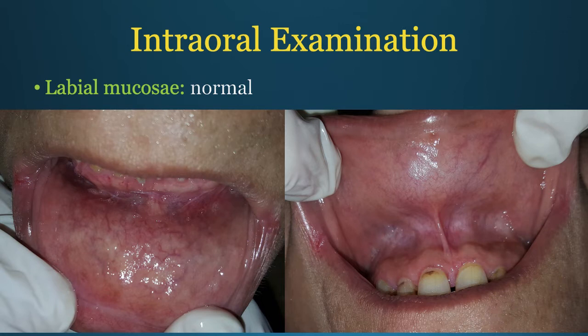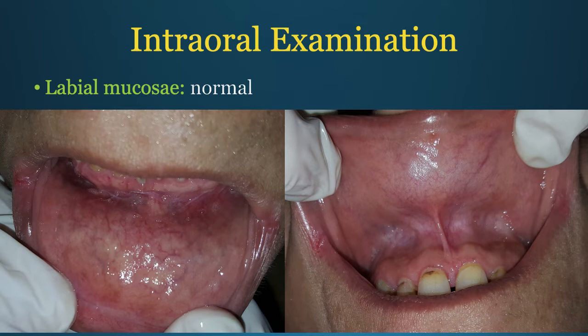Intraoral examination, we start systematically in our oral examination. The patient was complaining only of a mass related to the upper last molar, but we have to examine the whole oral cavity.